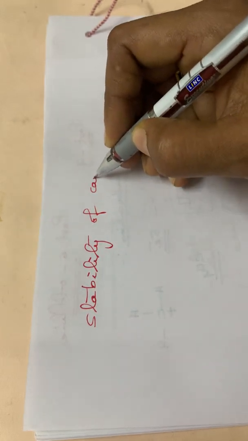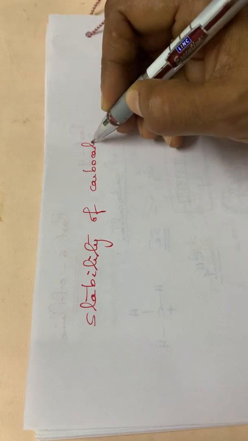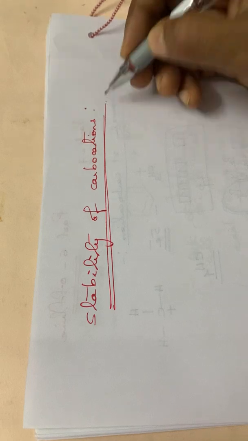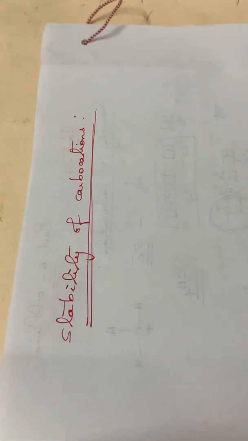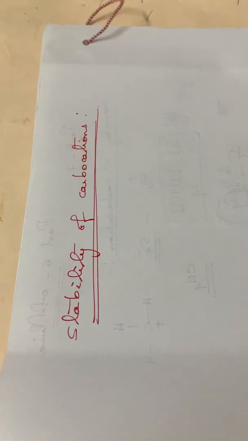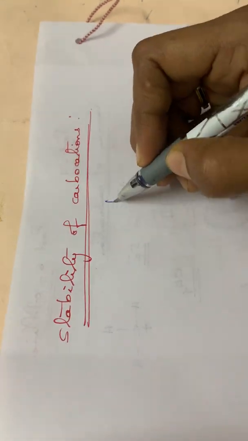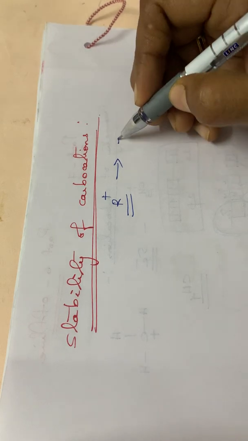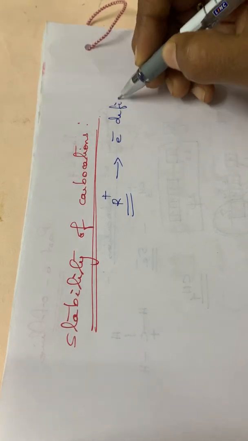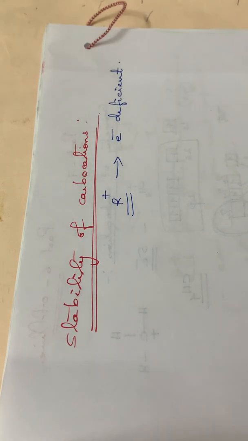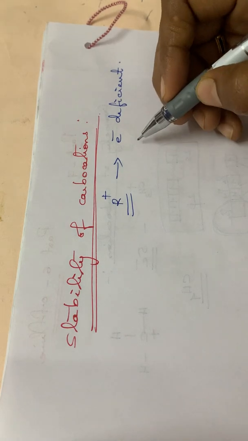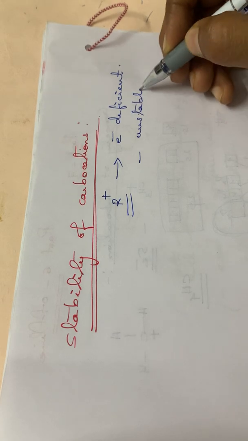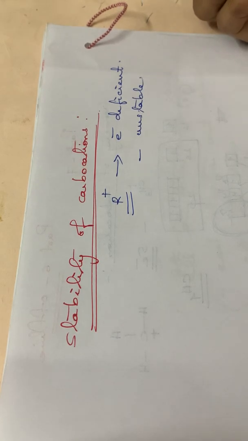Stability of carbocations. Carbocations, in general, we can write as R plus. That means the species has a positive charge, so it is electron deficient, and it is also highly unstable and highly reactive.